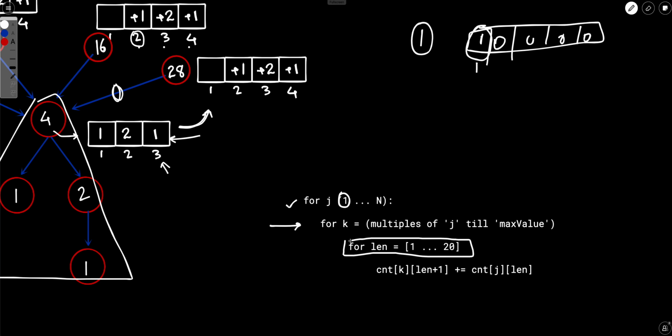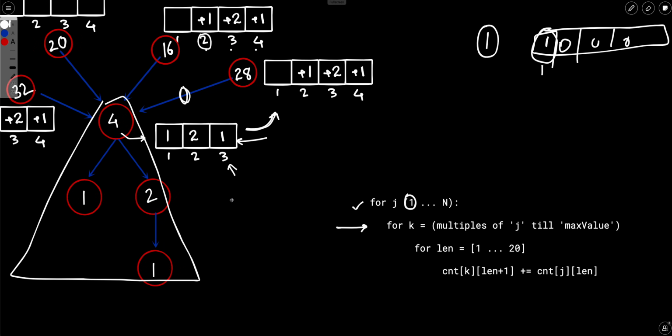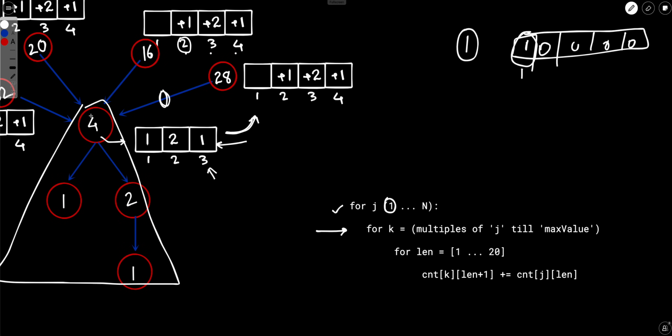Just to give one more example, let's say j is 4. So if j is 4, you will iterate over 8, 12, 16, 20, 24, 28 and so on, and let's say you visit 16. When you visit 16, you will add all the contribution of 4 to 16, just shifting by 1.